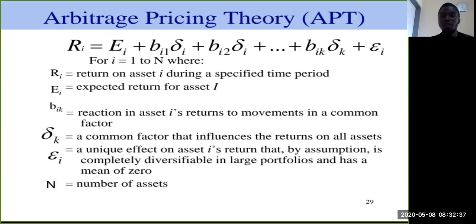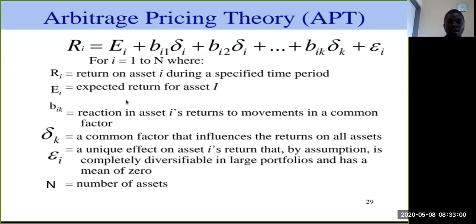Arbitrage pricing theory, APT. So this is the equation for the arbitrage pricing theory. So you've got RI, the return on asset I during a specified period. So don't be scared with the equation. This equation is going to be short. This is just a general example of this equation.